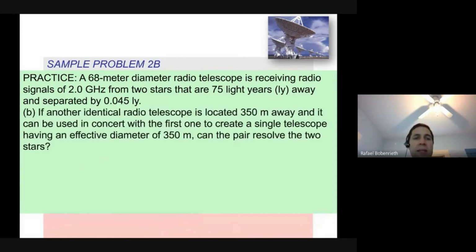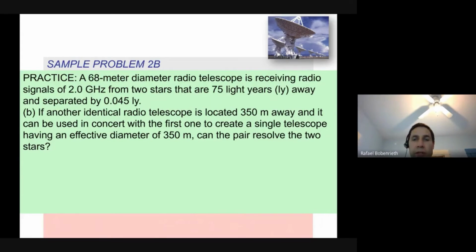So let's say in this scenario, we put another identical radio telescope that is 350 meters away, and we synchronize it. And this is really important. It has to be synchronized. So it can be used in concert with the first one to create a single telescope having an effective diameter of 350 meters. So notice we've just expanded the opening of the aperture. So now instead of the D being 68 meters, it's 350 meters.